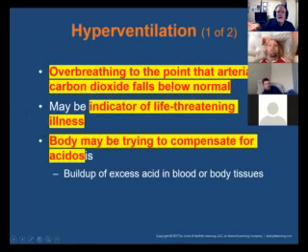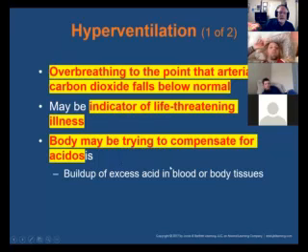Hyperventilation, overbreathing to the point that arterial CO2 falls below normal. It could be a sign of a life-threatening illness that's causing them to breathe that quickly.